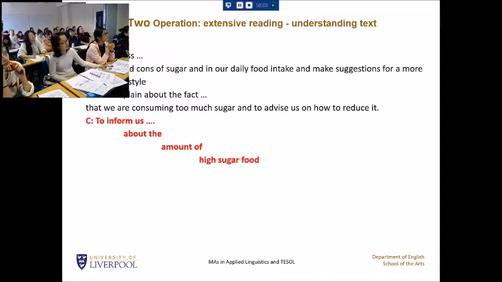we need some kind of clause here. High sugar food, which I think we can put a subject, which causes health problems. We could say that. I think we can put a subject here. High sugar food we eat. The high sugar food we eat. The amount we eat.